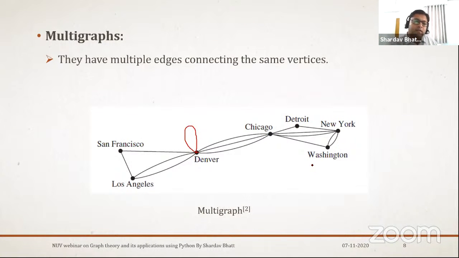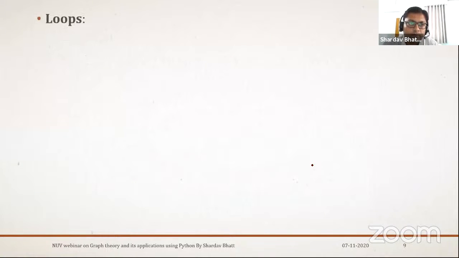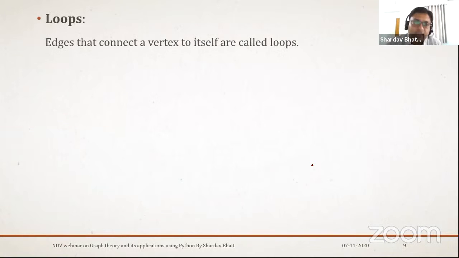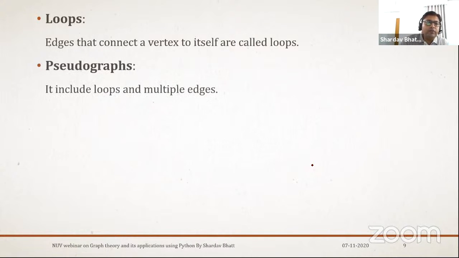If you have that kind of phenomenon, then that is called a loop. A loop is an edge that connects a vertex to itself. And if you have loops in your graph along with multiple edges, then that graph is known as a pseudograph. It includes loops and multiple edges.